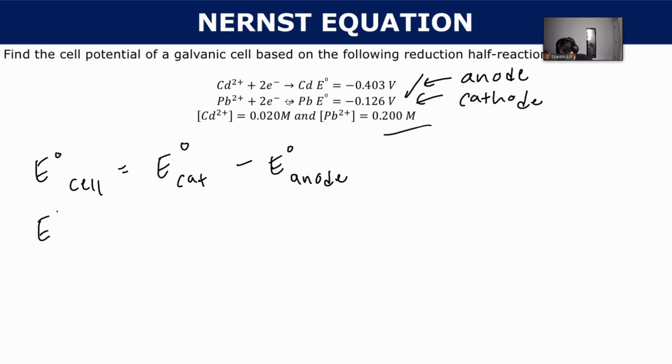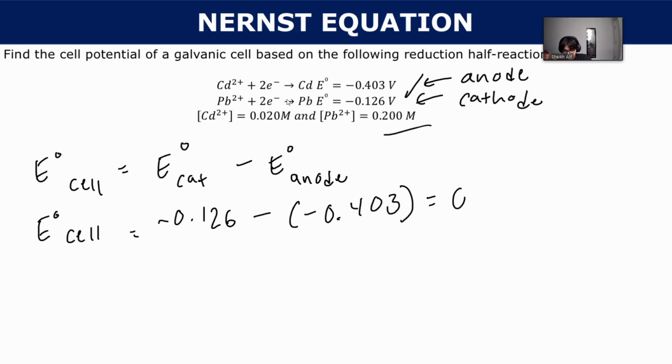Our E cell here is going to be negative 0.126 minus negative 0.403, so our E cell here is going to be 0.277. Now we can find out what our overall reaction is. Remember, at the anode is where oxidation occurs. Oxidation involves increasing the charge.